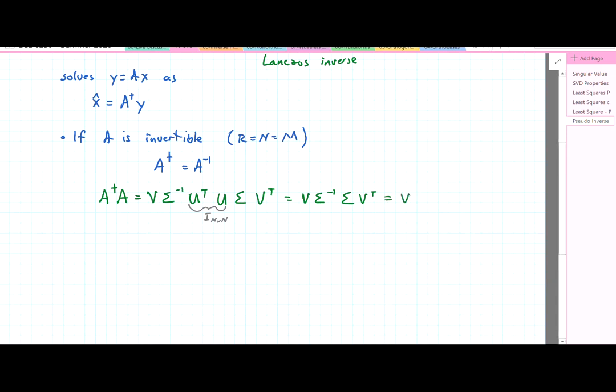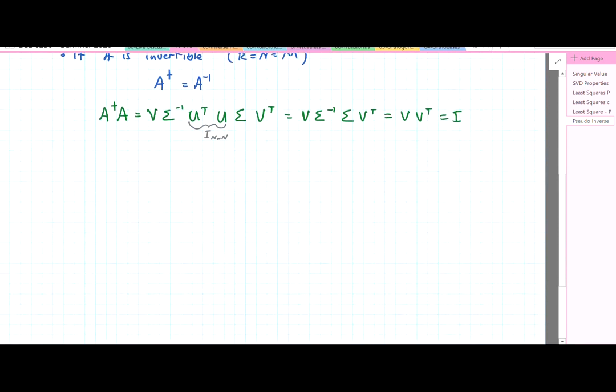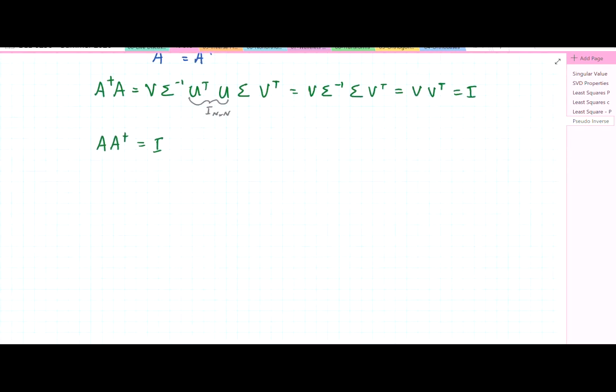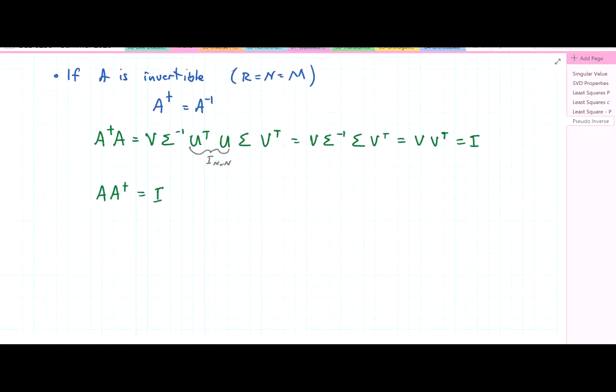And so we get V V transpose is just equal to I. And the same thing works the other way, where we have A A dagger is also equal to I. So it's both the left and the right inverse, and it's nice that it degenerates in that beautiful way.